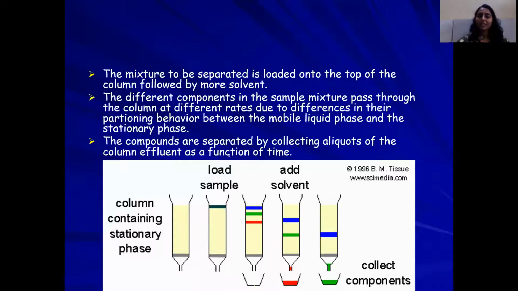If you consider this diagram, the column contains the stationary phase. It could be any one of those we have previously listed. If I load the sample, as you can see in the second diagram, as it passes through the column it will slowly and steadily get separated and will be collected as different components at the end of the column.